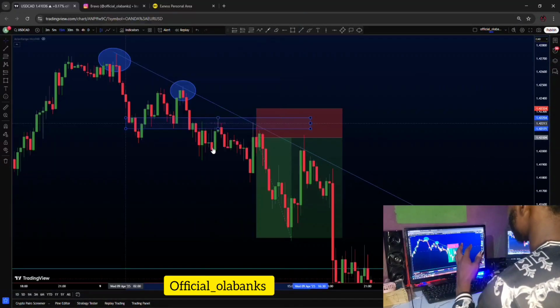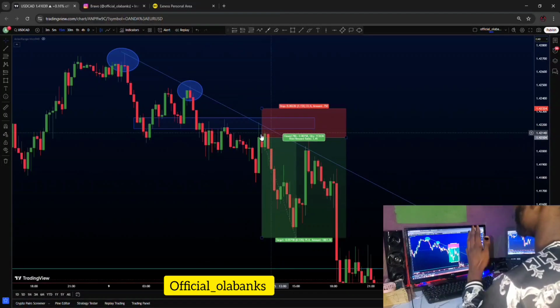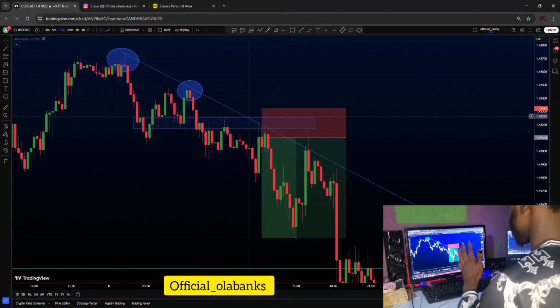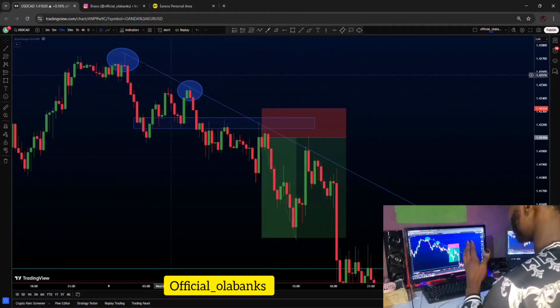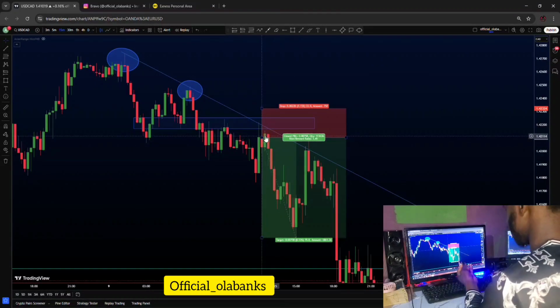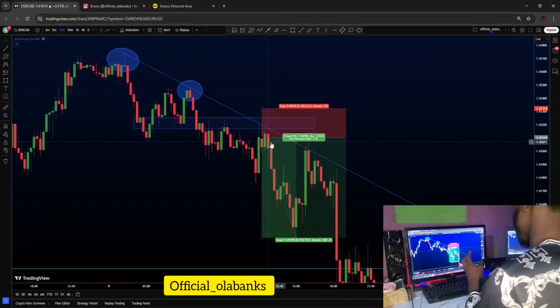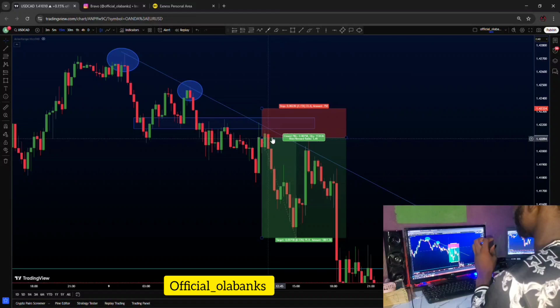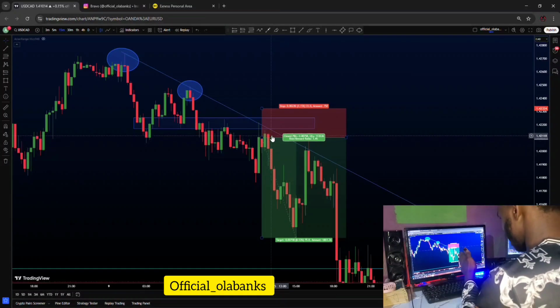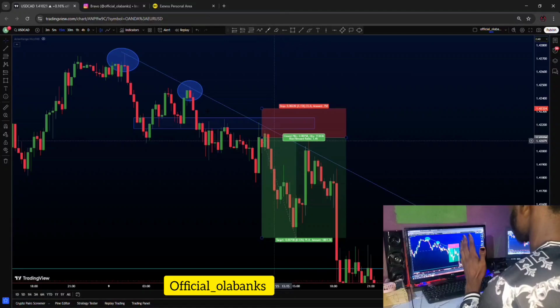So there's a resistance right here which adds to our confidence. We are not just looking at a basic trend line alone. We have our first touch, second touch, third touch here. We know that there's high probability that the price is going to dump from here. However, we are still not going to take the entry just like that, because we have a trend line.